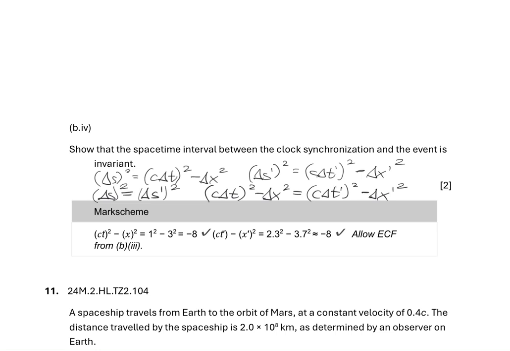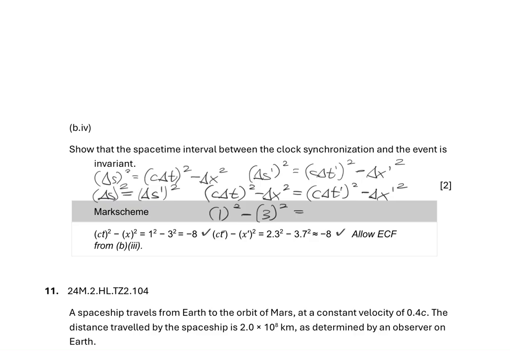I think they're going to be close, because we're pulling these numbers from a graph based on where lines intercept, so the values are not going to be precise, but let's give it a go. The ct for S and observer A is 1, and the position for observer A in S is 3. So 1 squared minus 3 squared.